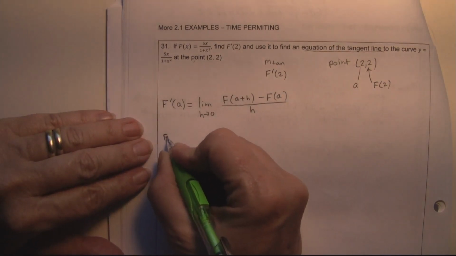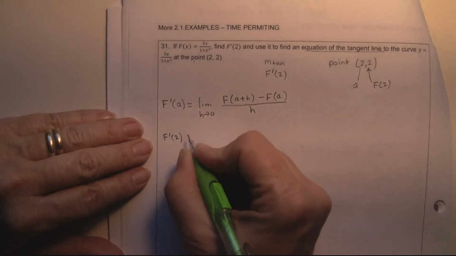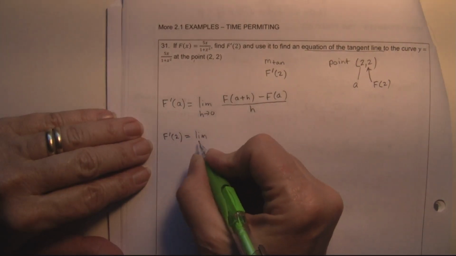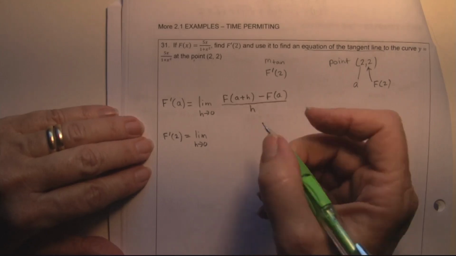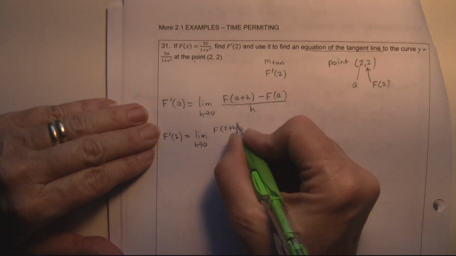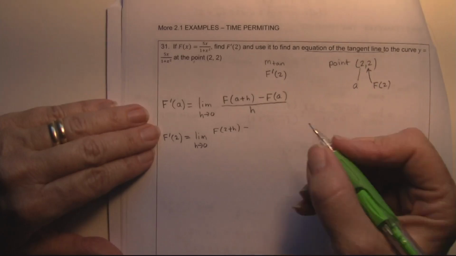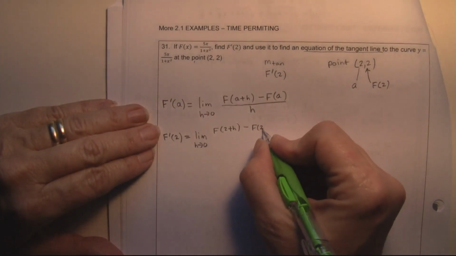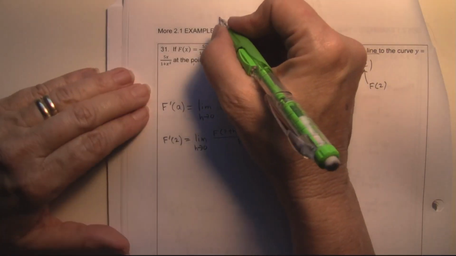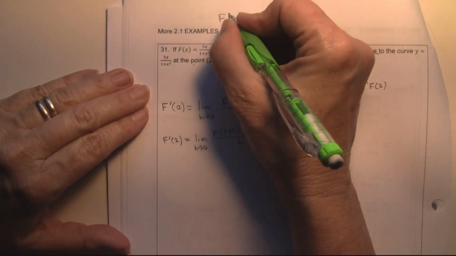I'll be finding F prime at 2, which is the slope of the tangent line at 2. And I have the limit as h approaches 0 of F at 2 plus h minus F at 2, all divided by h. And then I'm going to write my function right up here with a blank.